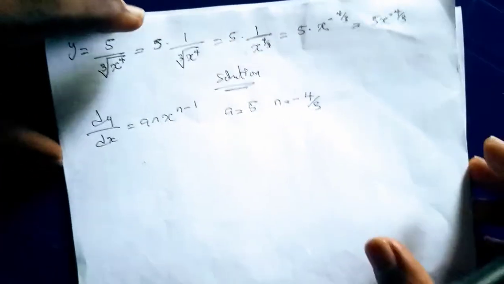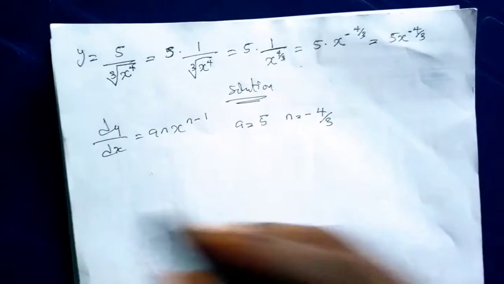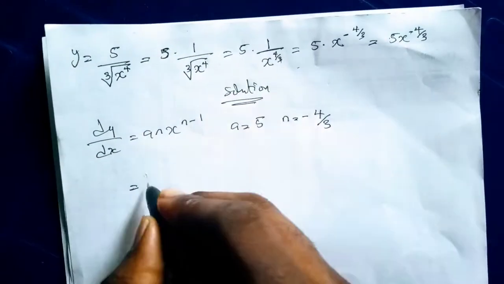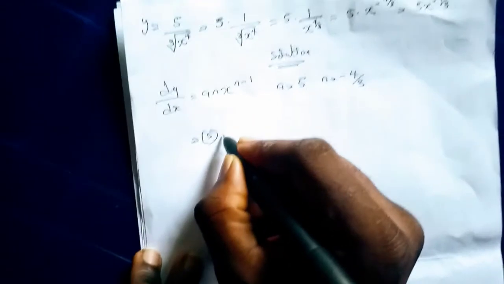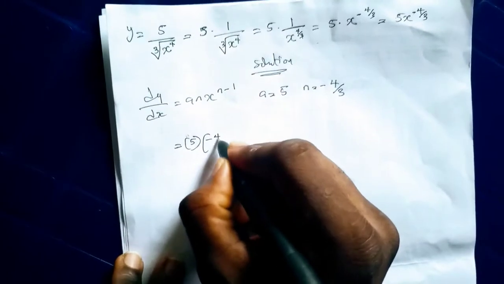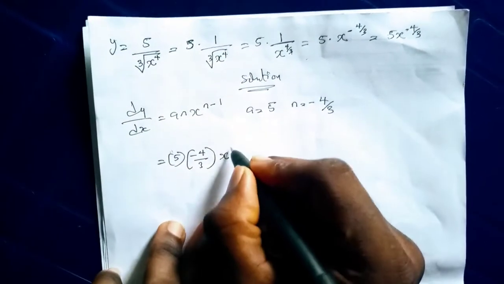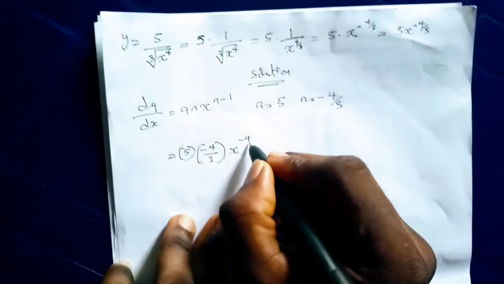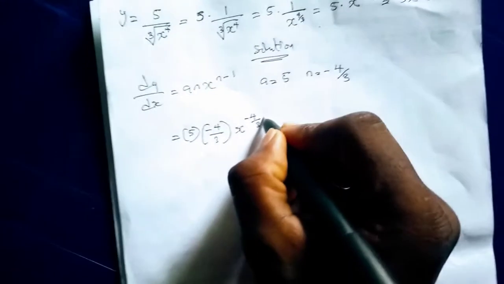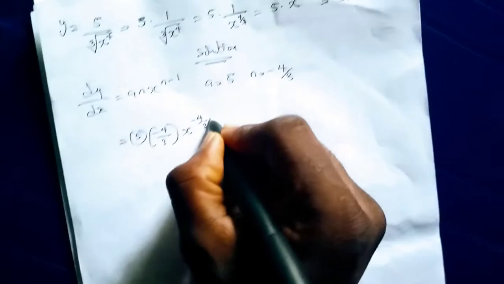So our n is negative 4 over 3, and we can apply it: 5 multiplied by negative 4 over 3, then our x raised to negative 4 over 3 minus 1.